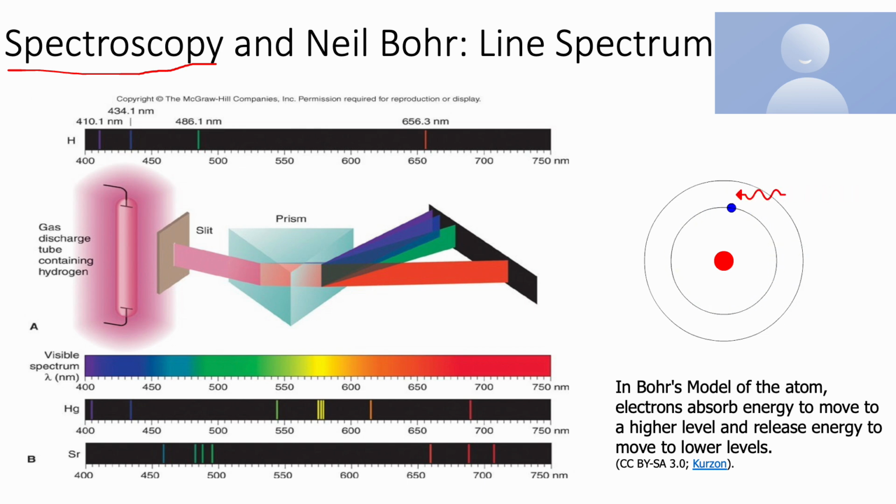What spectroscopy is: you fill this glass tube right here full of your elemental gas. They put hydrogen gas in here, and then the light went through and was passed through a prism, and the prism diffracts the light, just kind of like how rain diffracts light after it rains and you get a rainbow.